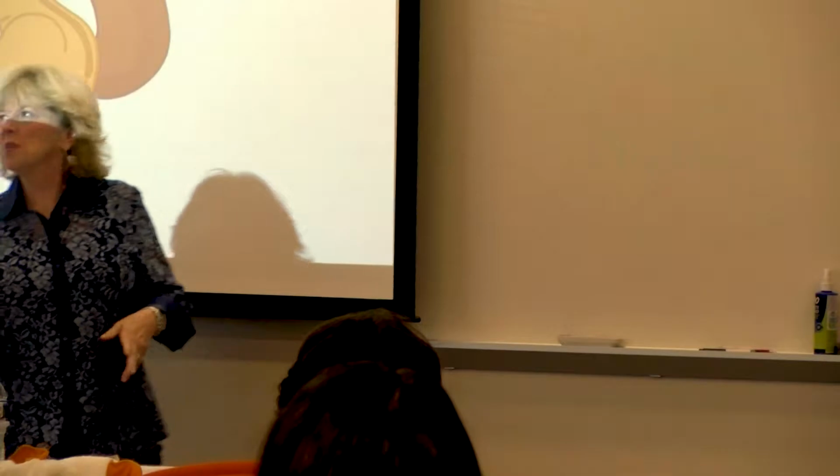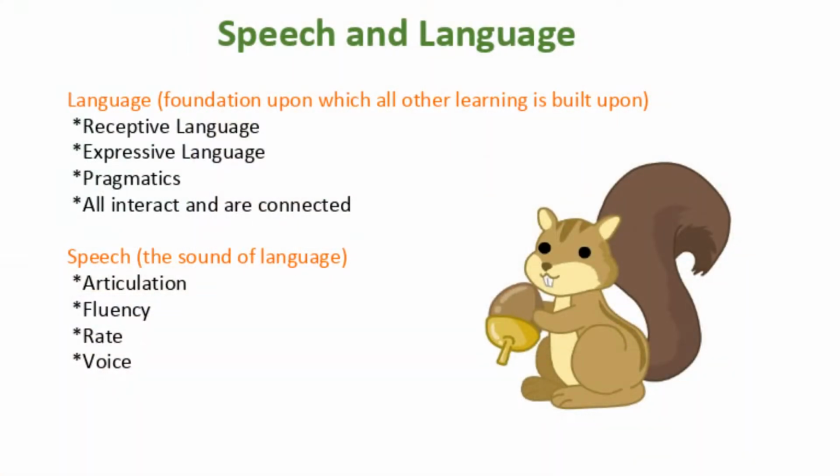Language is also what you use to engage in social interactions with people, and that's called pragmatics. All three of those language areas interact and are connected. And language is the foundation upon which children build all their learning. If they have a weak language base and you start introducing new information, they're going to have trouble holding on to it because they have nothing to attach it to.